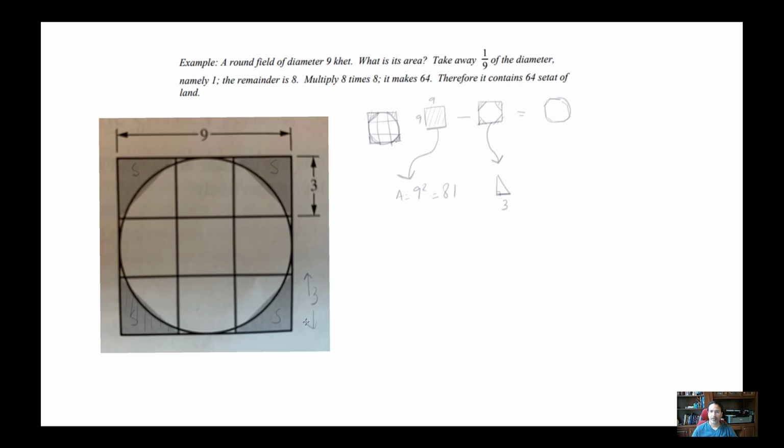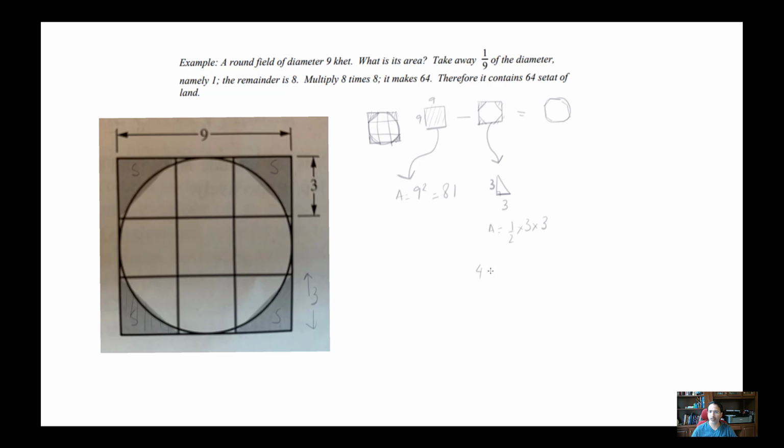And we know this height is 3 as well. The area of a triangle is simply half times base times height. But we have 4 of them, so to get the area of 4 of them, we take this number and multiply it by 4.